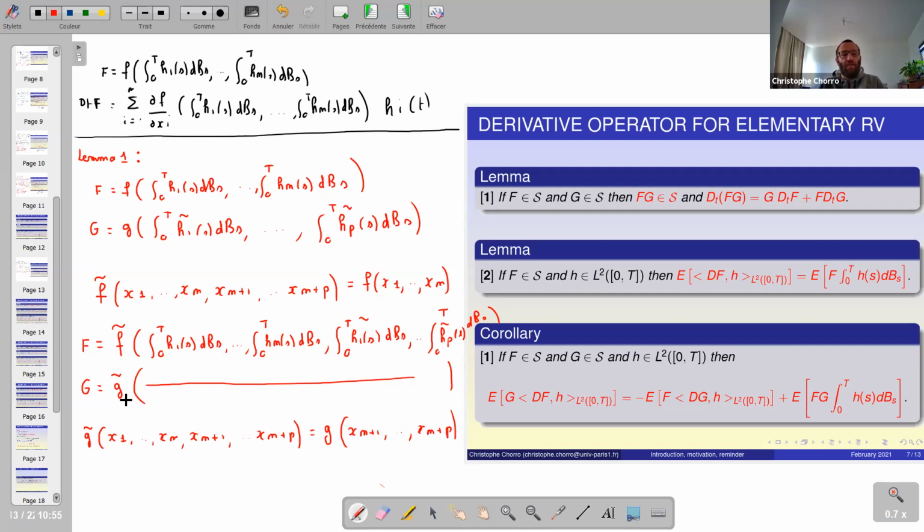So why do I do this? Because in this way, I can write F times J as F tilde times J tilde of all my Wiener integrals. So what do I have here?